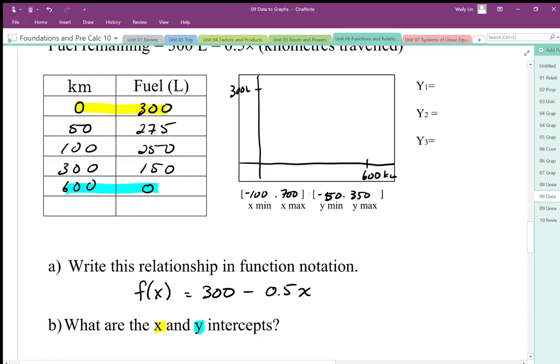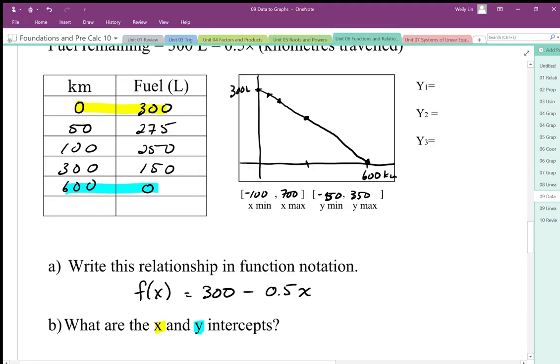And again, these are just approximate numbers to give me an idea what this picture is going to look like. And we know that the pattern of this relationship is it's just going to go straight down like that. And at 50 kilometers, we're going to be right about there. At 100, we're about there. And at 600, we end up down here.